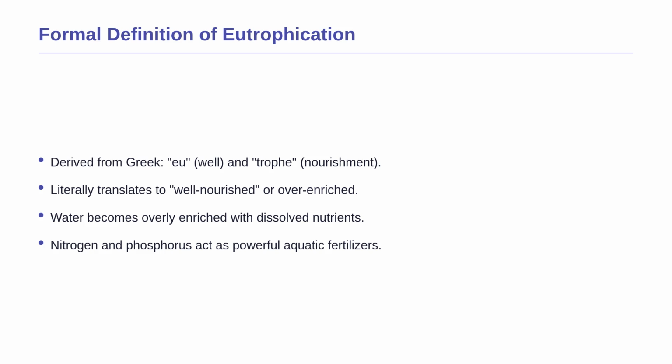Eutrophication is defined as the process by which a body of water becomes overly enriched with dissolved nutrients. Specifically, we are talking about nitrogen and phosphorus. In an aquatic ecosystem, these elements act as powerful fertilizers, triggering the exact same explosive plant growth we just imagined in our garden pond.